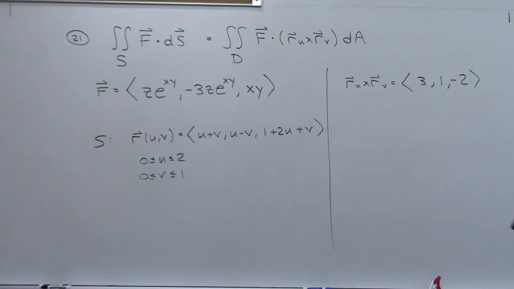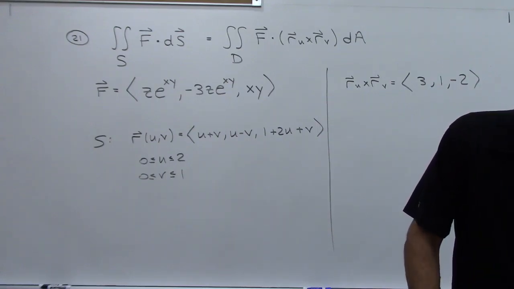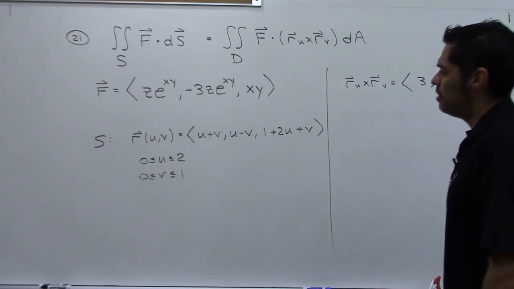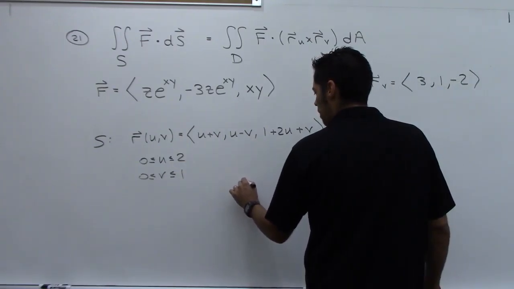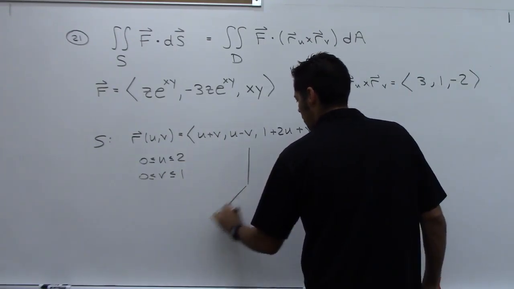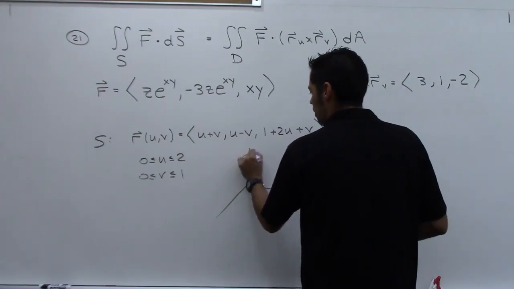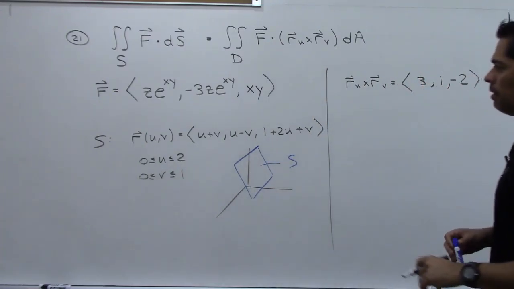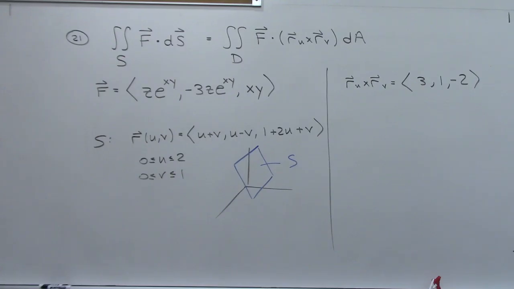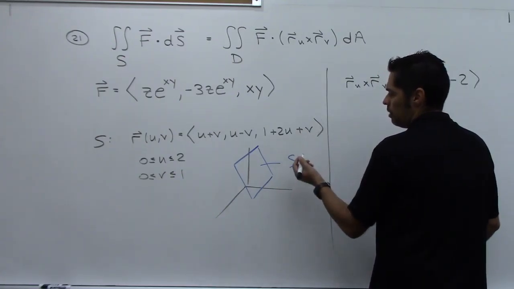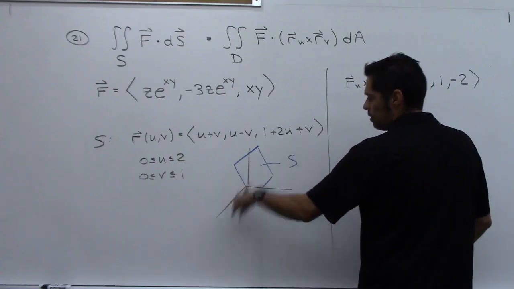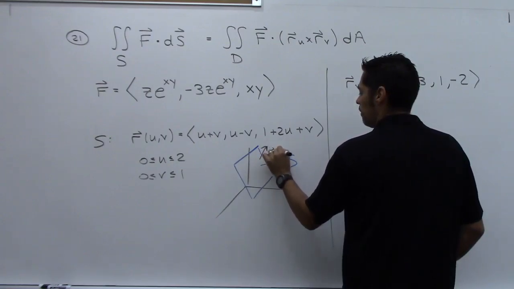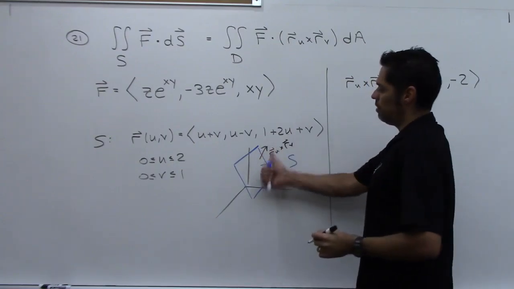Now, here they say that they want the upward orientation for the parallelogram. So we have this parallelogram three-dimensionally, whatever it looks like in three-dimensional space. That's our S, and we want our normal vectors to be pointed upward. We don't want them going into the parallelogram and down; we want them coming out like this. So we want our cross products to make sure that they're coming up.